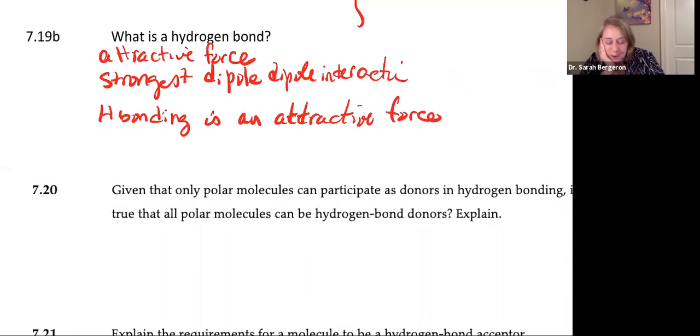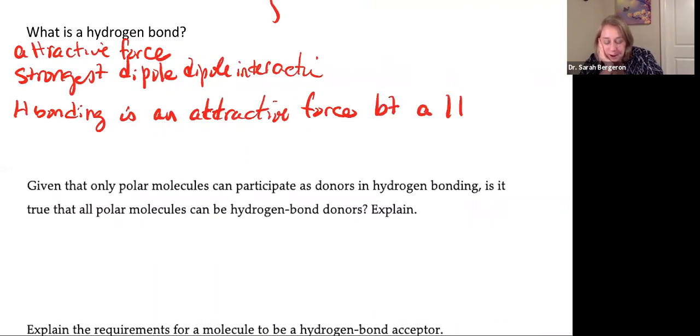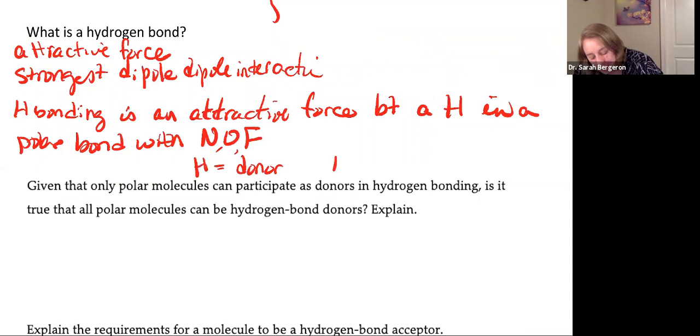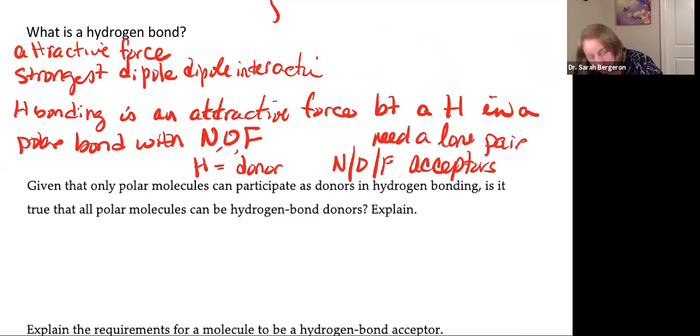So hydrogen bonding, or a hydrogen bond, is an attractive force between a hydrogen and a polar bond with, remember, it's no fun, NOF: nitrogen, oxygen, or fluorine, right? So the hydrogen would be the donor, and then nitrogen, oxygen, or fluorine are going to be the acceptors, and they need a lone pair in order to be those acceptors.